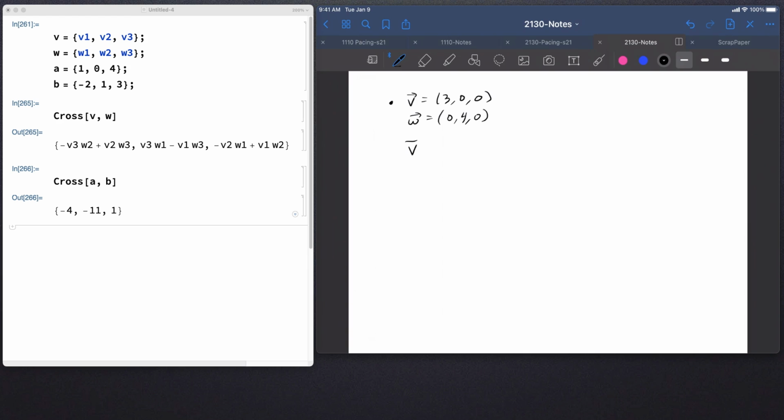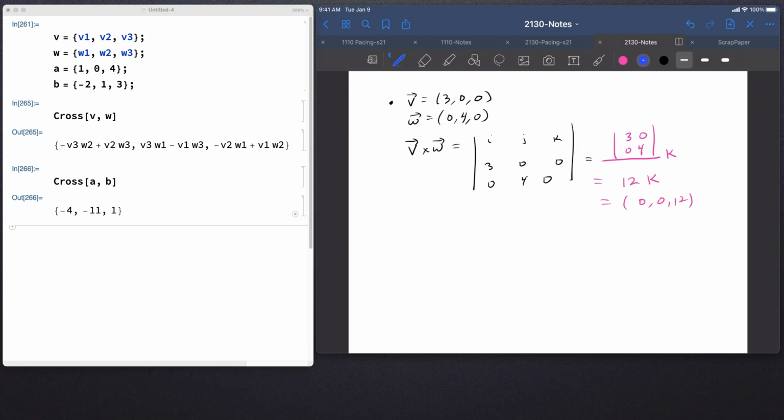If you were to compute the cross product of these two vectors, doing the methods that we are familiar with, we could see that there's only going to be one non-zero entry. It's going to be the k vector with 3, 0, 0, 4 for the determinant we need to compute, which is equal to 12k, otherwise known as 0, 0, 12.